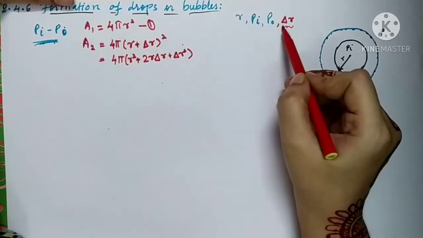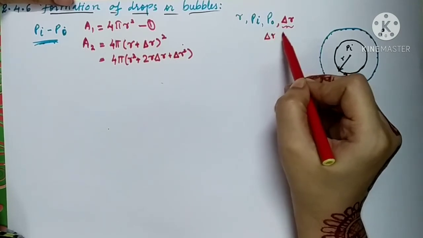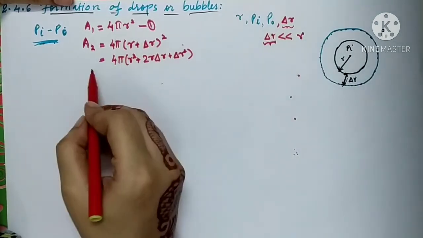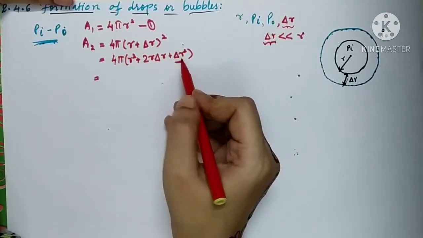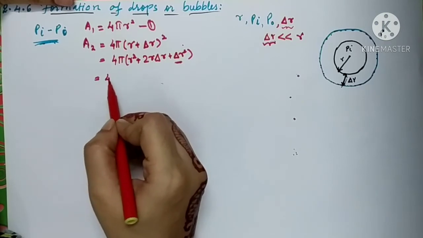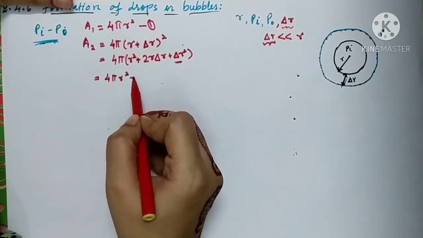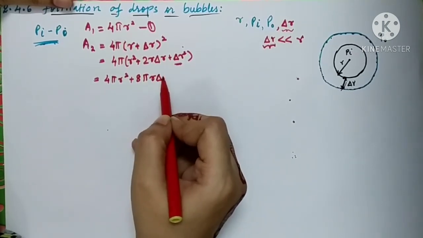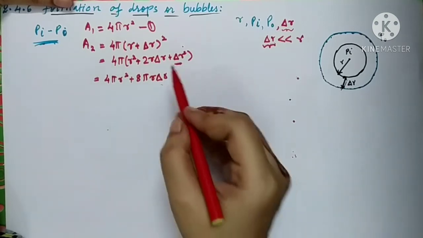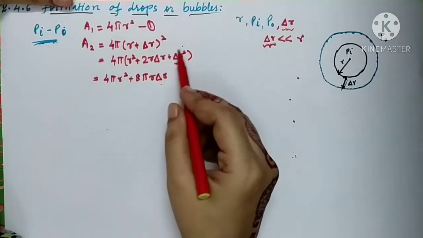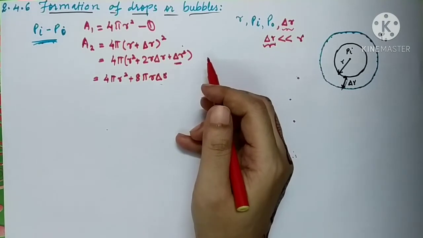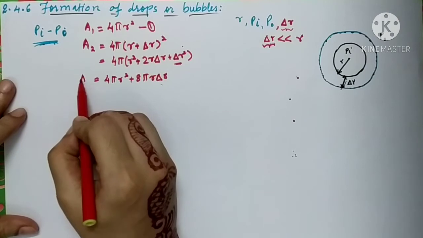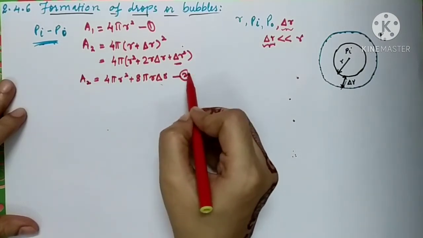Since delta r is very small compared to r, we can neglect delta r square. So we get 4 pi r square plus 8 pi r delta r, as the 4 pi is multiplied. The delta r square term is neglected because it is very small. So this is the second area of the liquid drop. Give this one as equation number 2.